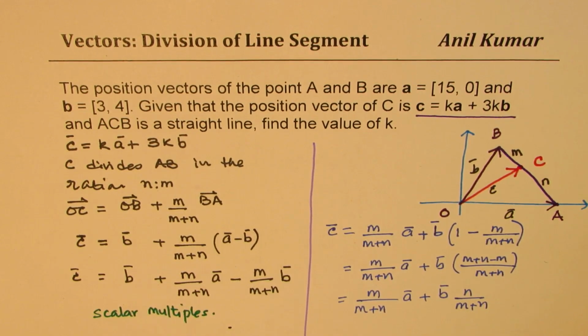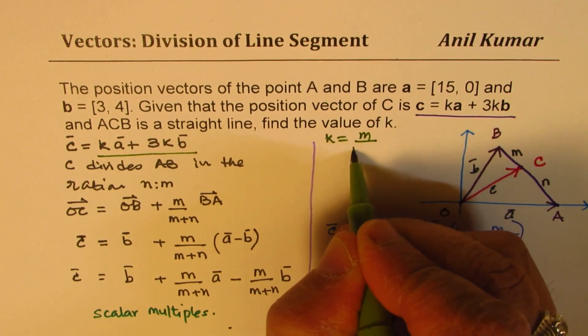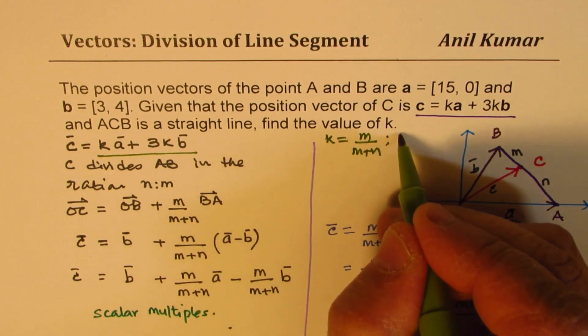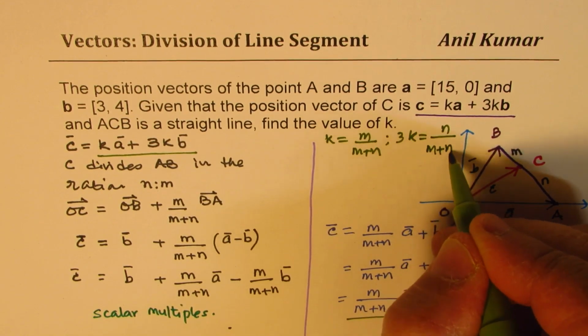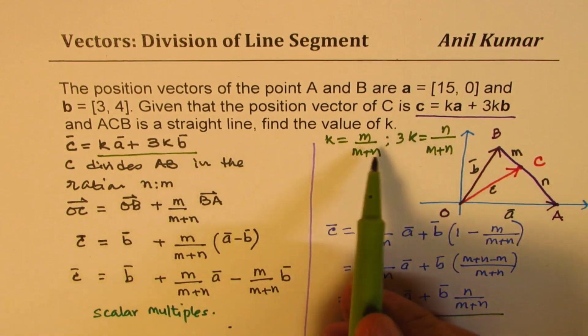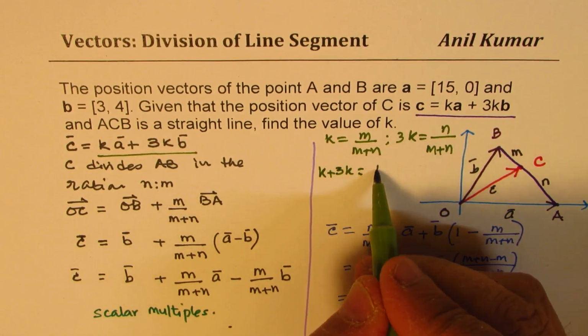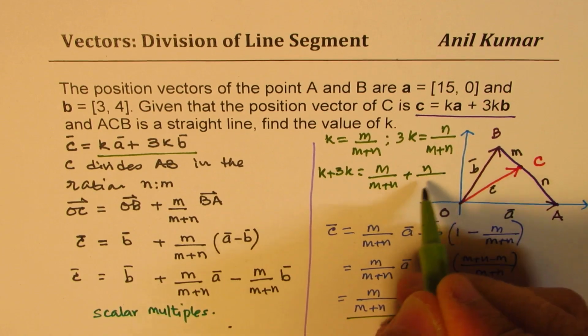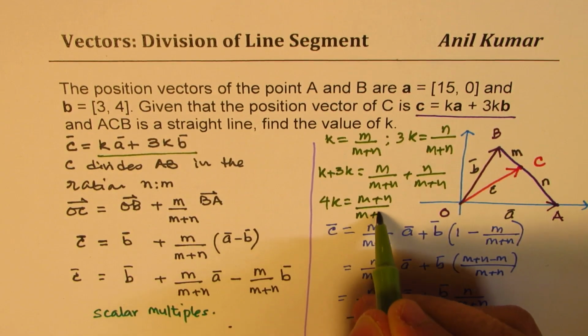So if you compare these, what do you get? If you compare what you have with what was given to us, K is the coefficient of A, which is M over M plus N, and 3K is the coefficient of B, which is N over M plus N. Now if I add these two, I get K plus 3K equals M over M plus N plus N over M plus N. So that is 4K equals M plus N over M plus N, which is 1.